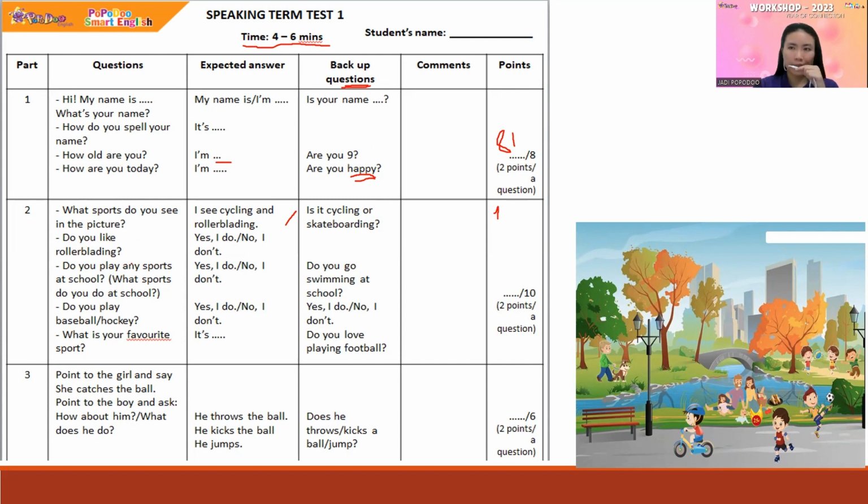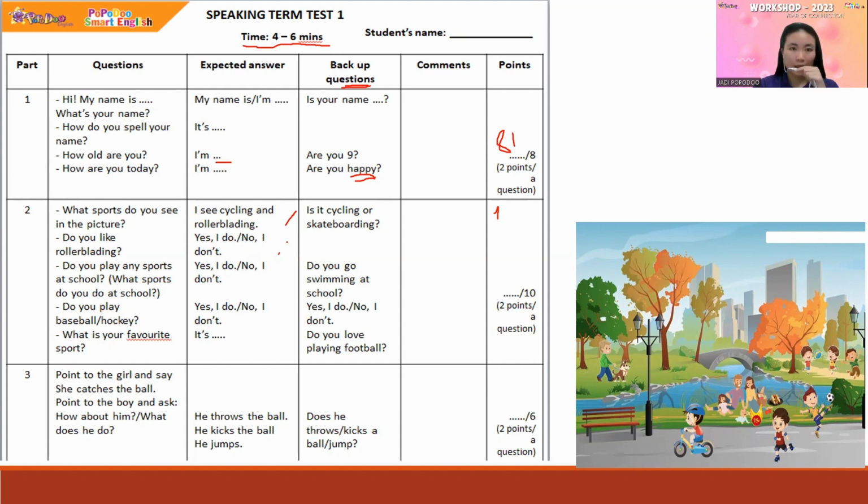Do you like rollerblading? There is a tendency for a student to say just yes or no. You have to extend the answer of the student by saying, yes, I do, or no, I don't, and they have to repeat. If they just say yes or no, you have to minus the point. And you continue with the rest of the questions here.